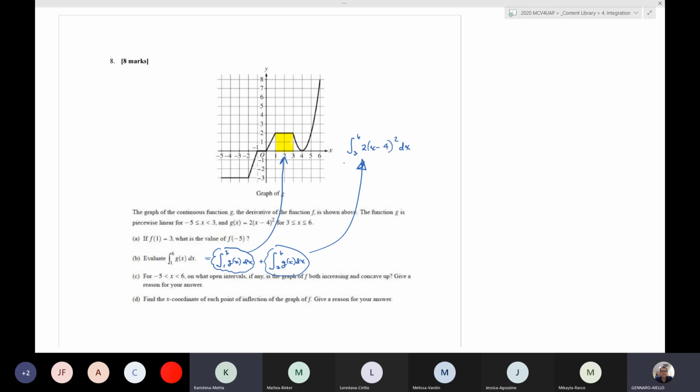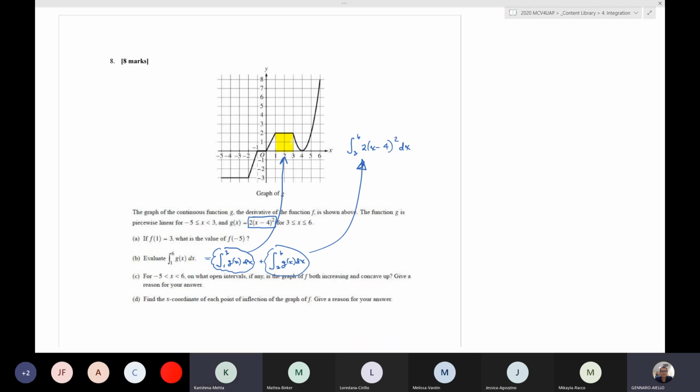No, because the parabola is only valid from 3 to 6. The entire graph is g of x, but what they're saying is that part of g of x from 3 to 6 is just this parabola here. Okay. Does that make sense?